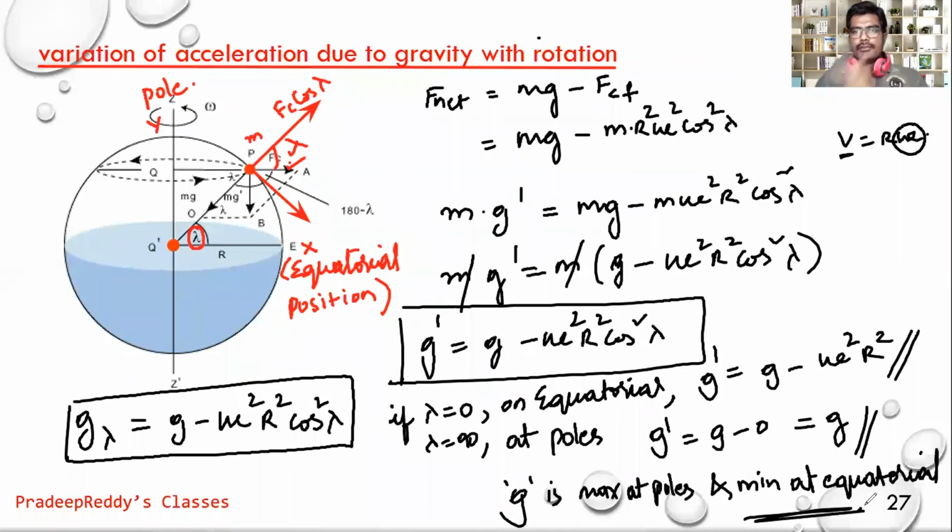From the pole, if you come towards the equatorial point, acceleration due to gravity gradually decreases, and that decrease is very small because the R value is very large and omega, the rate of rotation, is also very small. So the change in acceleration due to gravity from poles to equatorial is not that great. It's a very small change.